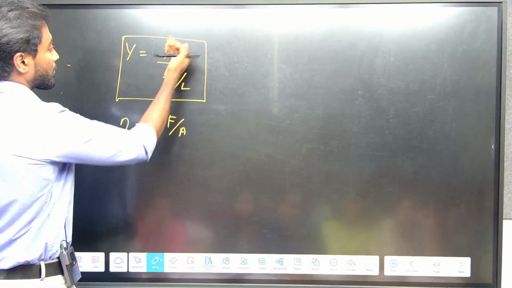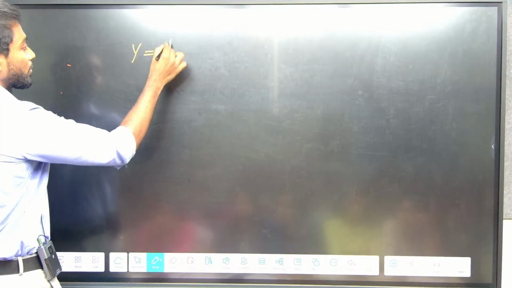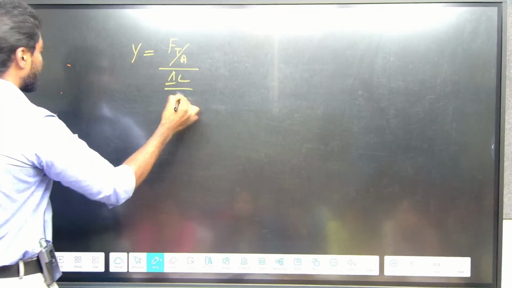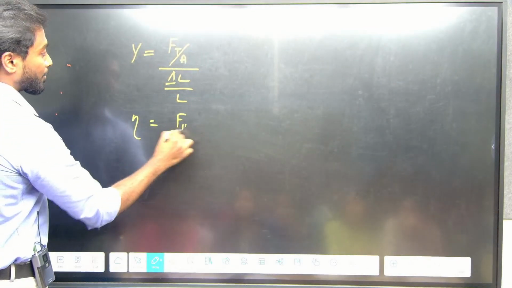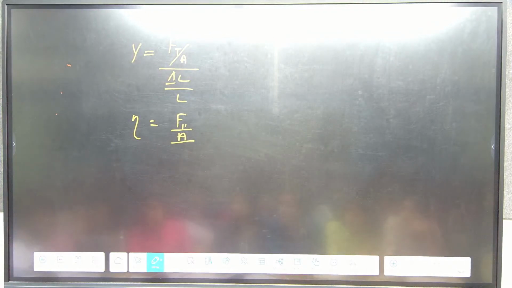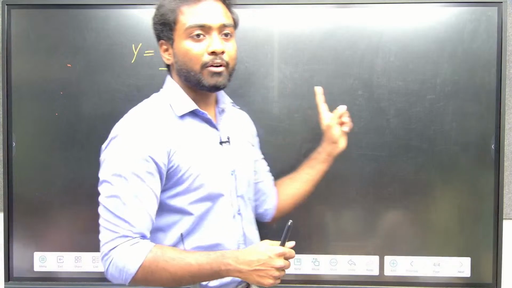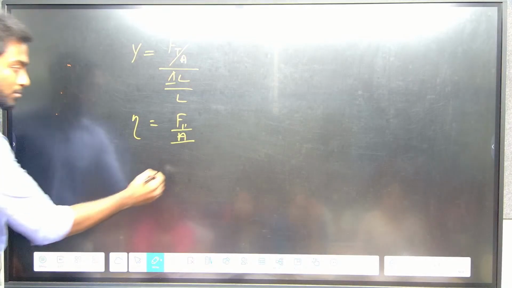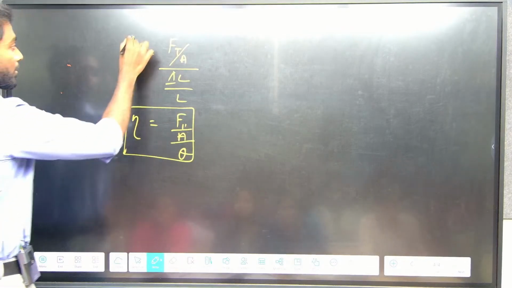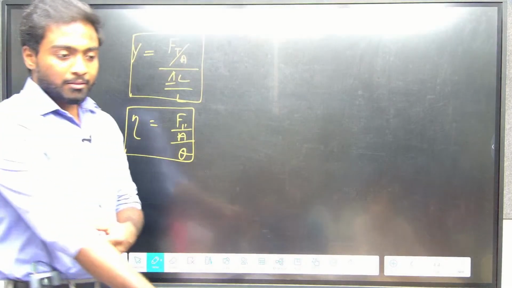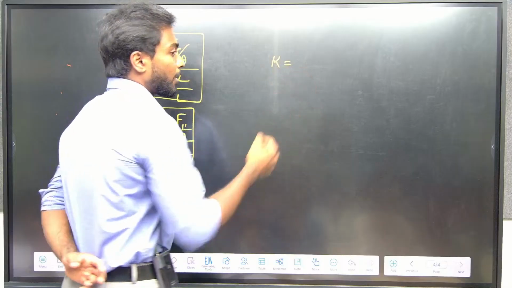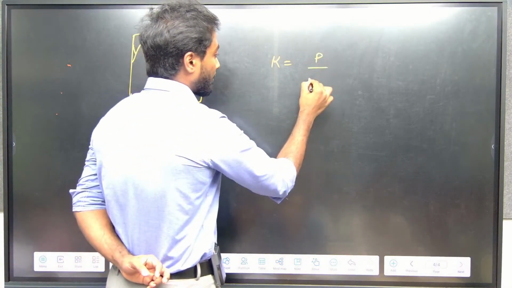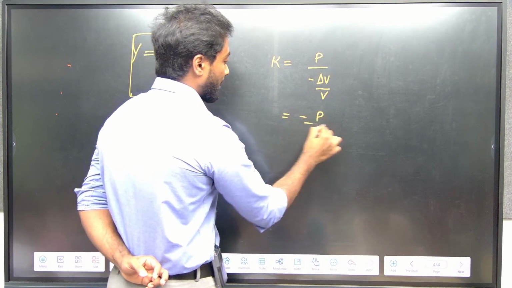Y is equal to F by area divided by delta L by L, and eta is equal to F parallel by area divided by the strain we talked about there, theta, which is delta x by L. And the final one, bulk modulus: K is equal to pressure, force by area, P divided by minus delta V by V. So can I say minus P by delta V by V?